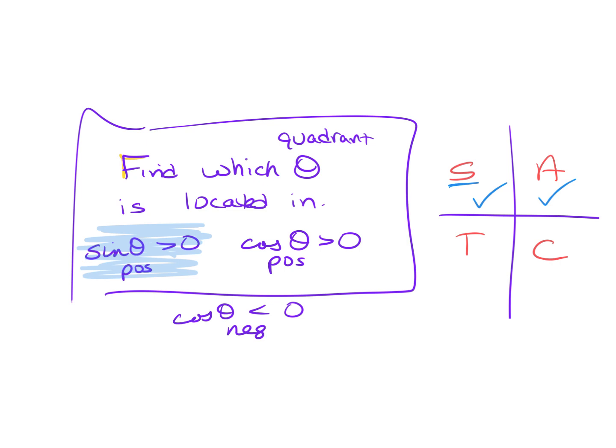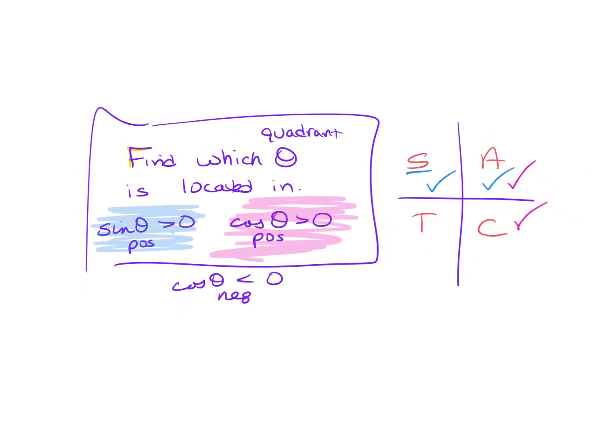Then I'm going to find where cosine is positive. I know cosine is positive in quadrant 1 and in quadrant 4. So the answer to this question, the quadrant where you see 2 check marks, is the answer to the problem. So both of those will be positive in quadrant number 1.